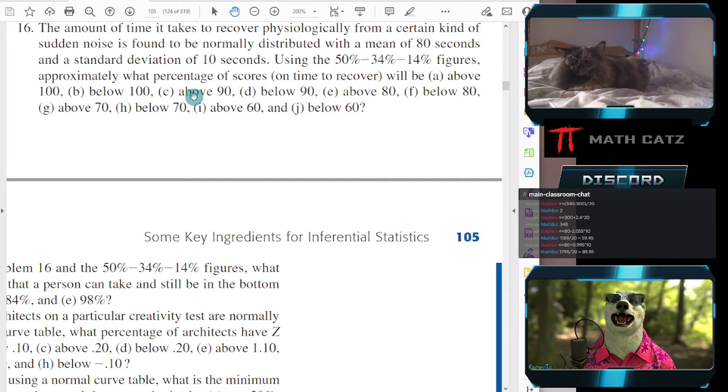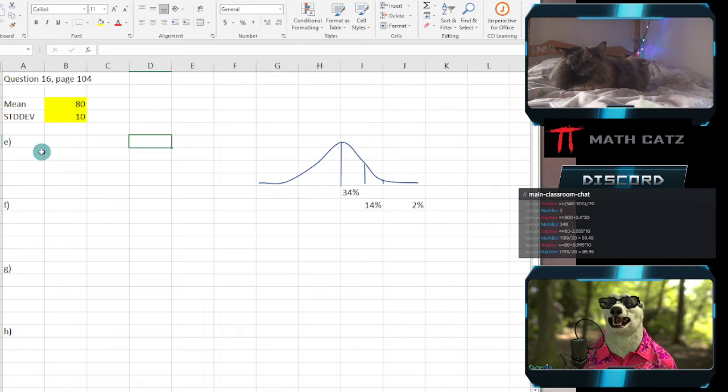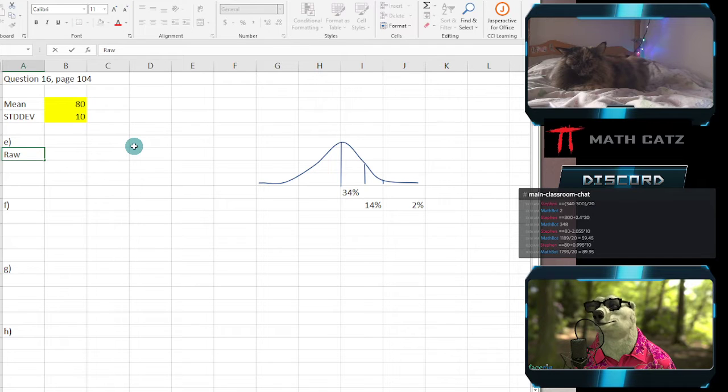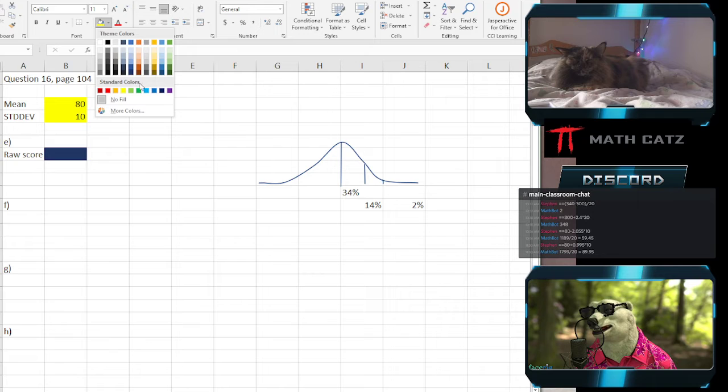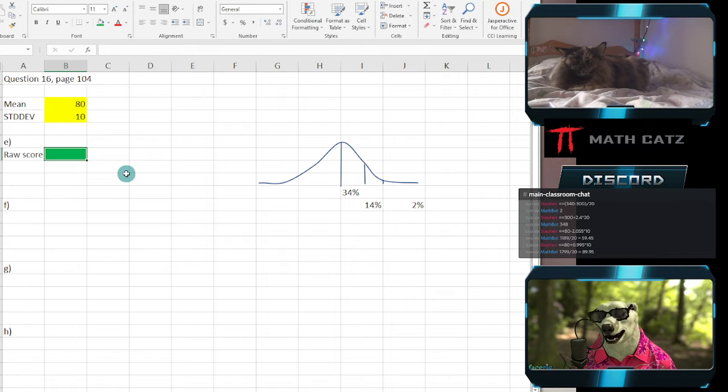Roughly, what percentage of scores will be above 90? I want to convert that 90 to a z-score first. Now I can do a raw score and then calculate the z-score, oh no, sorry, no calculation. The raw score is input, 90.